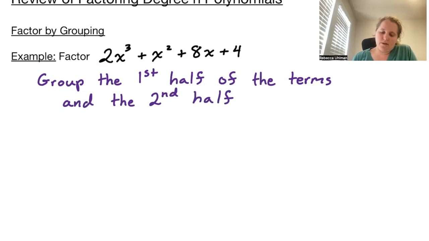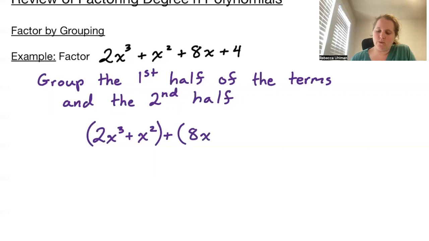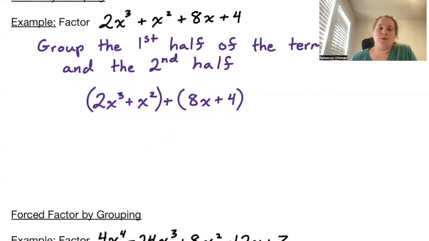So we are looking at 2x cubed plus x squared in parentheses, and then plus 8x plus 4 in parentheses. Then we factor out the common factors.